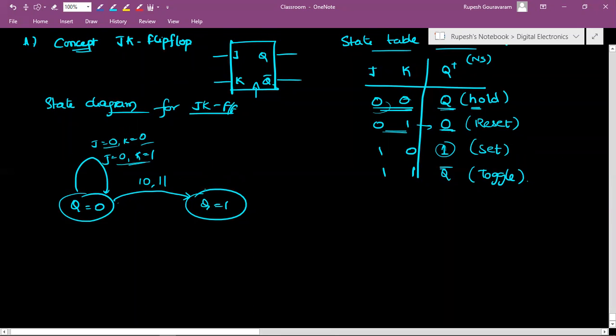Similarly, if Q is equal to 1, let us start from here. If Q is equal to 1 and J is equal to 0 and K is equal to 0, the next state will be the same. Or I can write in a normal fashion only. J is equal to 0, K is equal to 0.